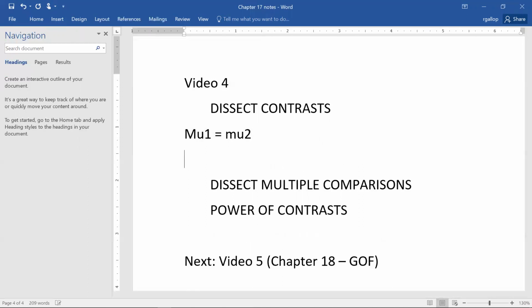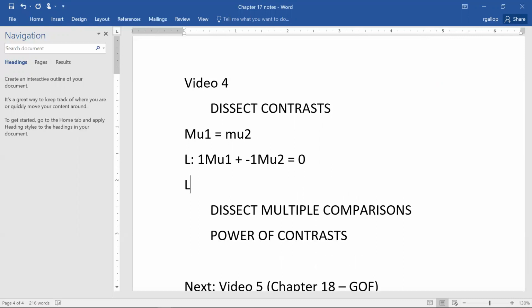And I could write this as a linear contrast like this: 1 mu1 plus negative 1 mu2 equal to 0. That is the same equation. That is a linear contrast. And in fact, if we're dealing with the Kent data, this linear contrast can be written this way.